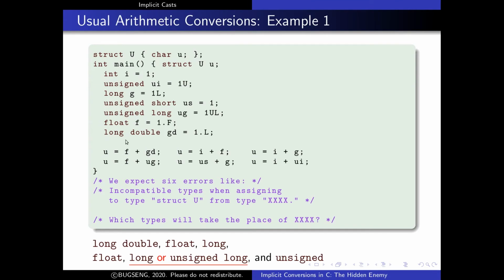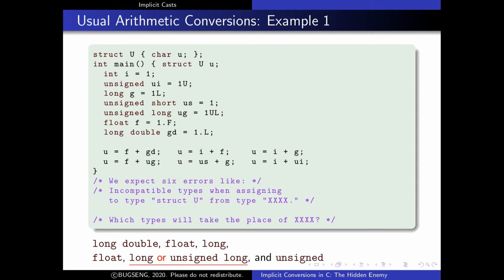So the first one is simple. It's a float. F is a float plus a long double. So they are both floating point types, and the rule says that we will take the largest. So F plus GD will have type long double. Float will be converted to long double, and then the addition will take place in long double. The conversion of F to long double is completely safe.